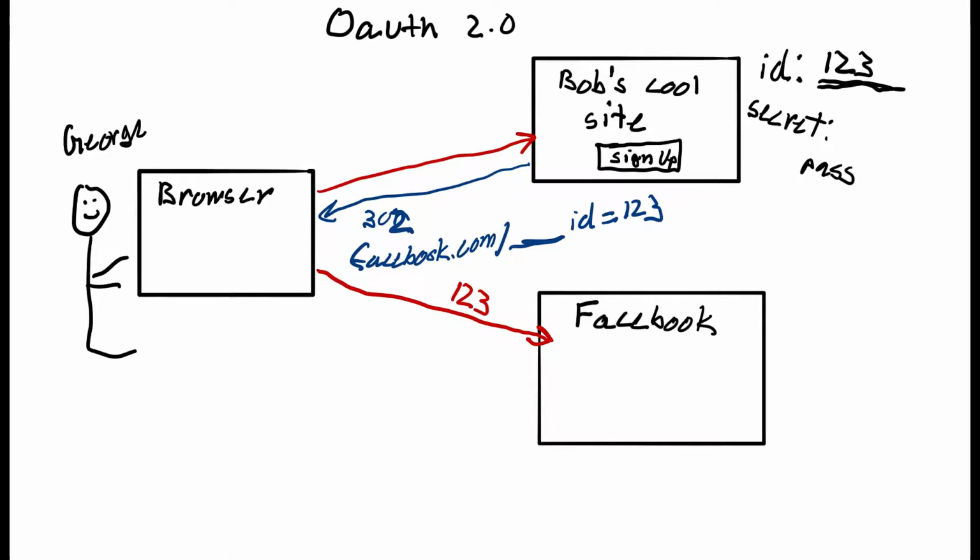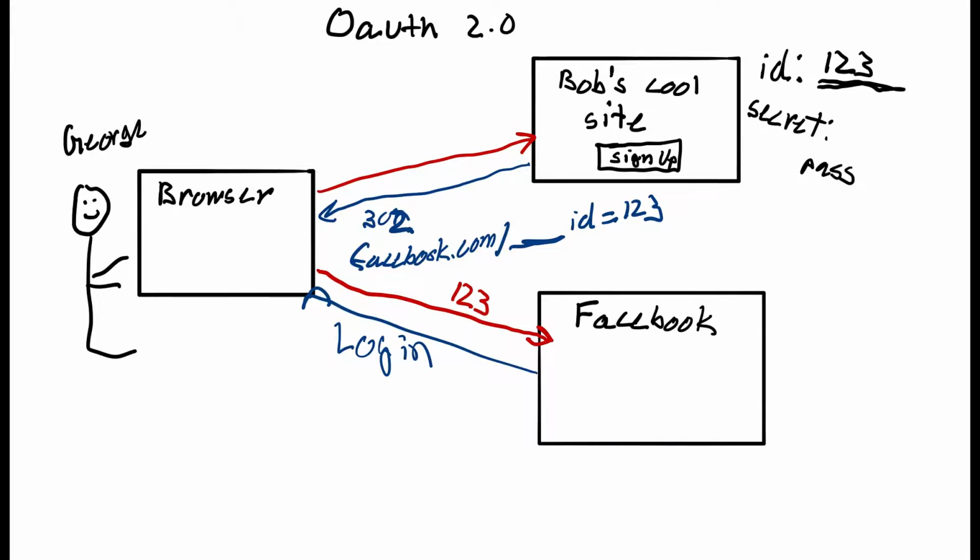Now, this next step might or might not happen depending on whether George is logged into Facebook or not. Let's assume that George is not logged into Facebook yet. So Facebook will send back to George a login form that asks him to log into Facebook. If George is already logged into Facebook, like on another tab, then this step isn't necessary.